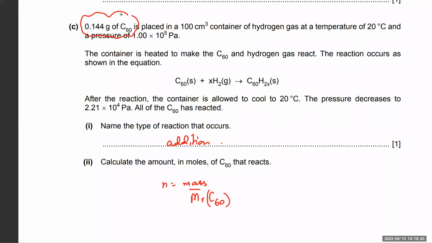Just make sure you write this: mass divided by the Mr of C60, which is 0.144 grams divided by 60. C60 is the fullerene. It has 60 carbon atoms, so that's 60 times 12. Someone tell me what answer you're getting. One second. So just double check: 0.0002 moles.